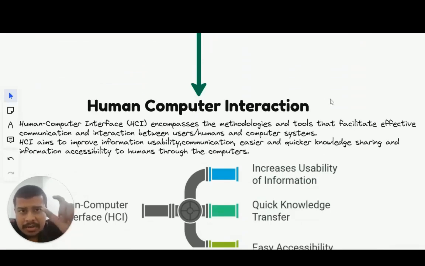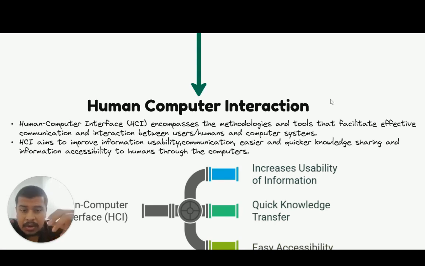So the event of communication between a human and a computer could be known as human-computer interaction. And this particular interaction between the human and the computer happens through an interface. Interface is the medium through which this communication happens between the humans and the computers.